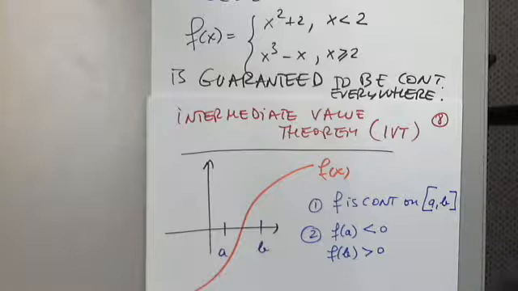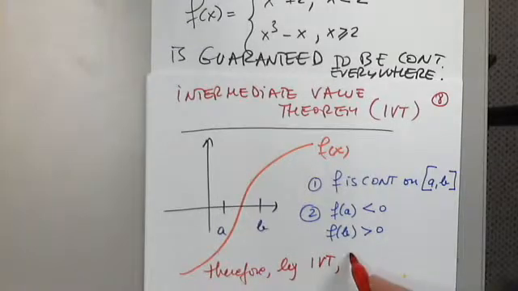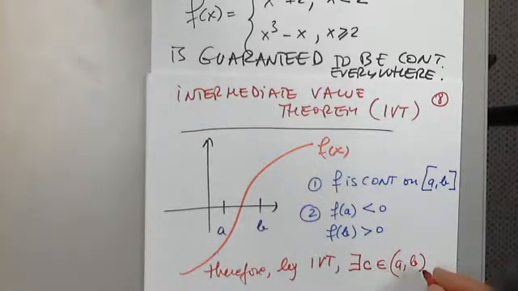So now I would like you to help me finish my sentence. Therefore, by IVT, there exists a number called c. This is another symbol that we have not seen before. In the open interval (a, b), such that f(c)... don't say anything just yet, allow me to give you a hint.